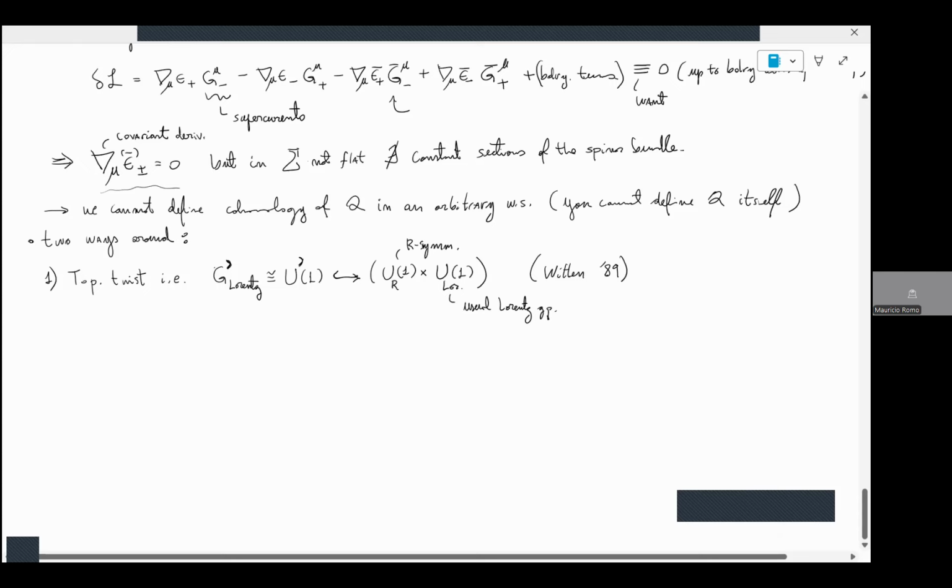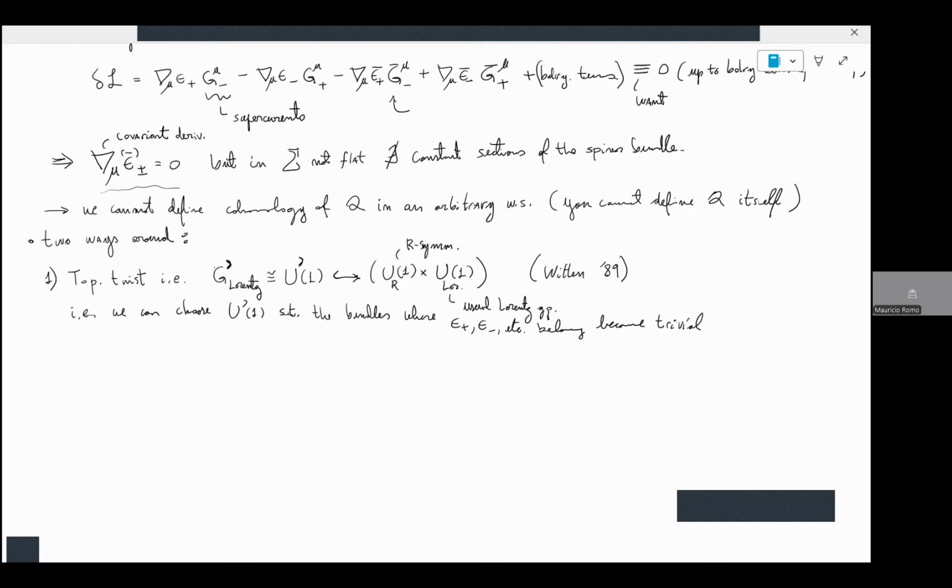So in other words, we can choose U prime such that the bundles where E plus, E minus, etc. become trivial, right? Because we are changing the bundle over the worksheet.